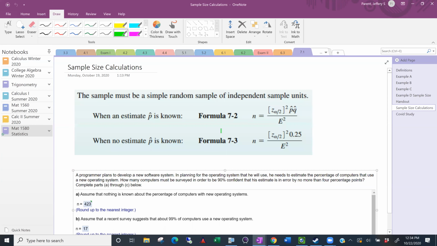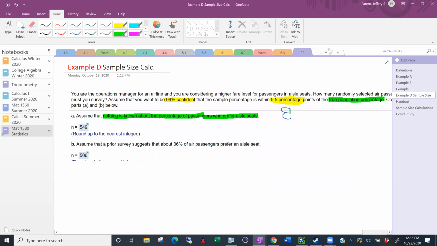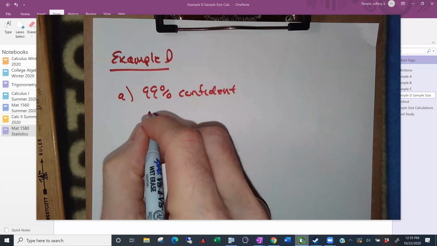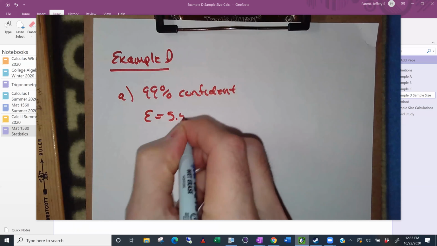We're going to use this second formula when no estimate of p hat is known. And that means you're going to need this information right here. Let me write down one more thing from the problem, and that is E is 5.5%.